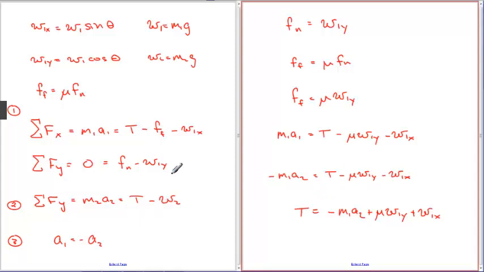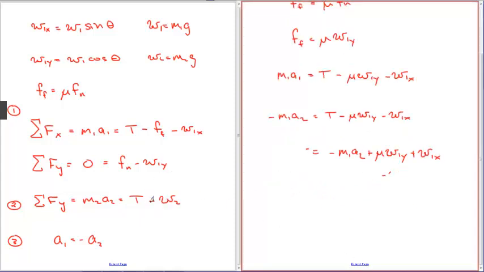So when I substitute into this equation, I end up with M2 A2 is equal to T, which is M1 A2 plus mu W1y plus W1x, minus W2. So here's T. Those three terms are T. And you can look at what we have. We know what M2 is, we know what M1 is, we know what mu is, we know the weights, because we know the components of the weight because we have these as well.